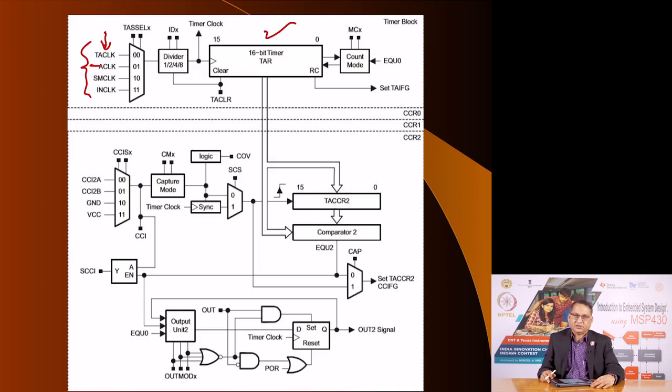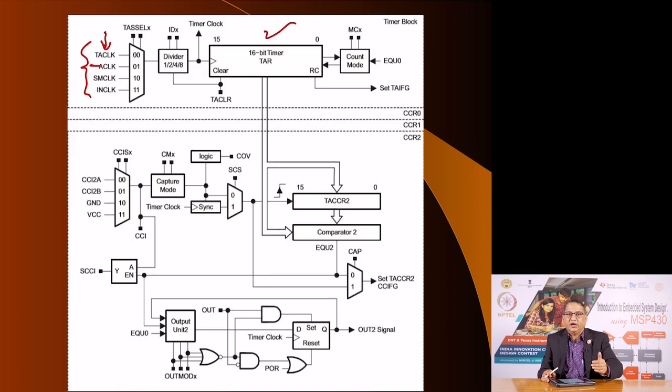Now, you also know that the timer has a control register through which you can choose the mode of the timer. There are 4 modes. You can stop the timer, or make it go in the up mode, the up down mode, or the continuous mode. Based on that, the timer will go from 0 to the maximum value.